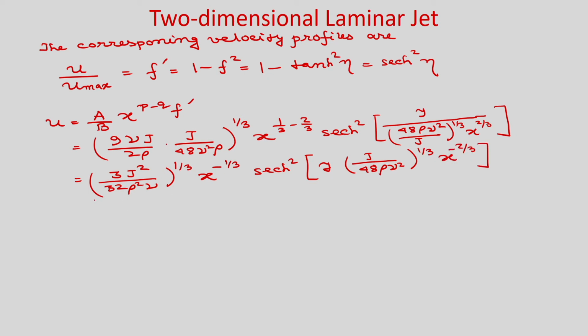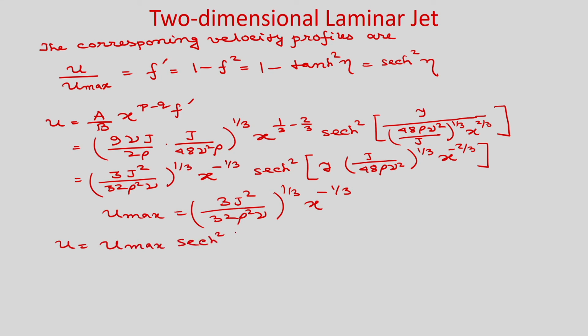If we represent this as u max, we can write u max is equal to (3 j square by 32 rho square nu) to the power 1 by 3 x to the power minus 1 by 3. So you can write u is equal to u max sech square of y times (j by 48 rho nu square) to the power 1 by 3 x to the power minus 2 by 3.